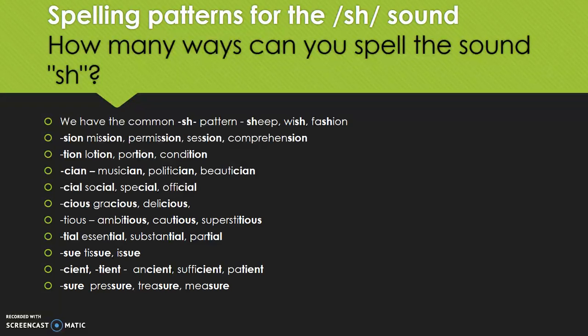SUE, while it could be somebody's name, Sue, but in some words it says shoe. Yes, shoe, such as in the word tissue or issue. And CIENT and TIENT both say shunt, as in the words ancient, sufficient, patient. And SURE says sure, as in the words pressure, treasure, measure.